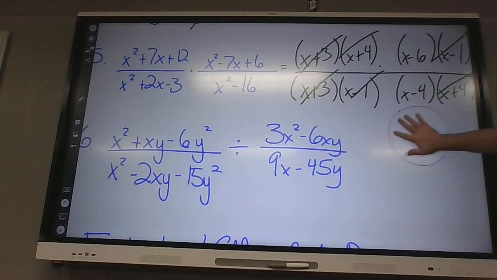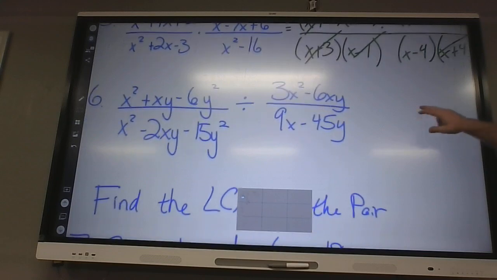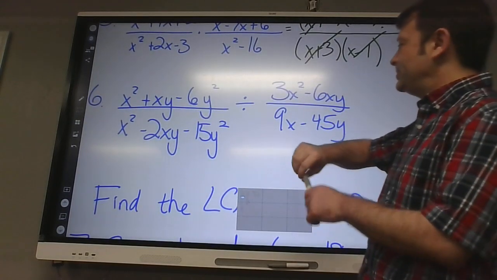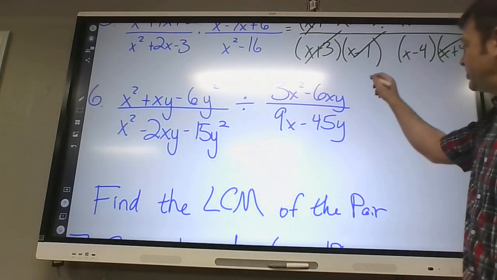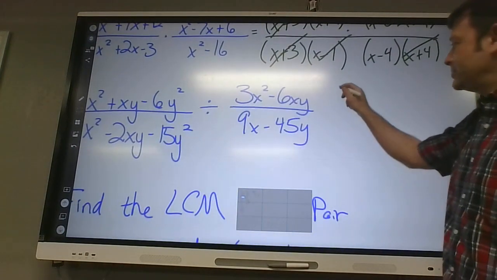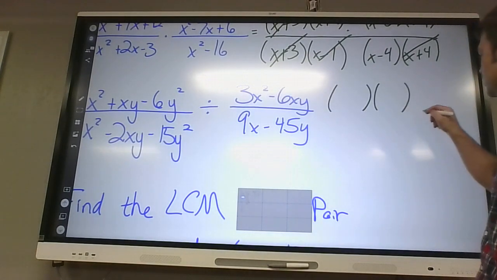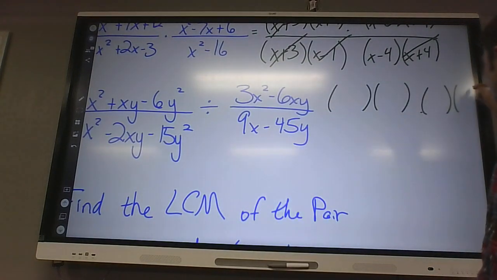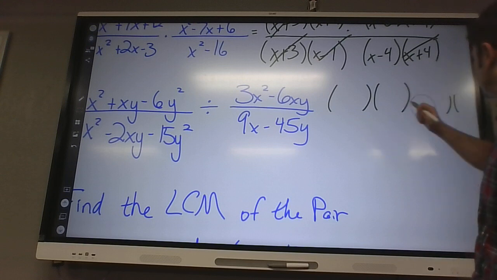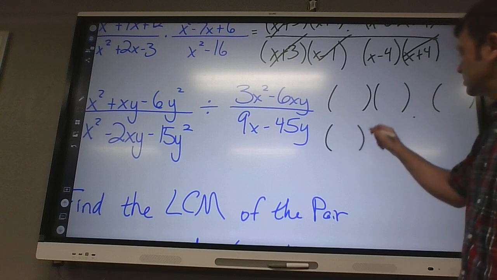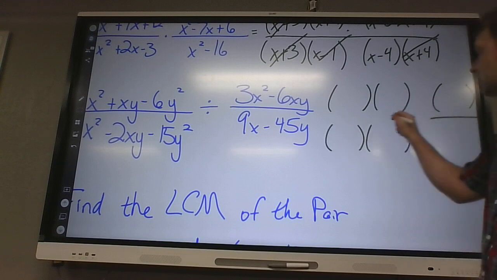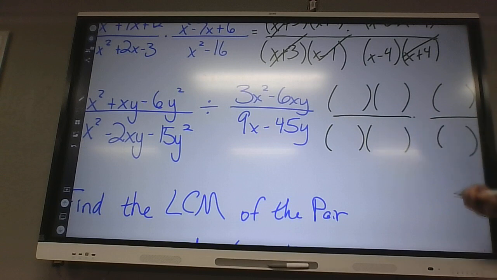What's different about number 6? Okay, it's division, which means you have to flip the second one. I'm gonna flip it over here on the right. I can squeeze it on the page. We got it.